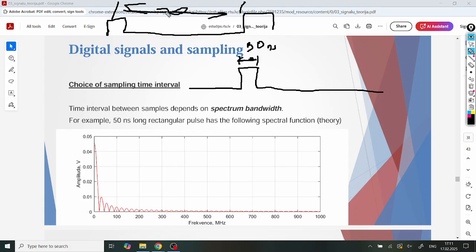And as you increase this period by keeping the same pulse, your spectrum, which originally for a rectangular shape periodical signal was like so, is starting to produce extra samples in between like this.